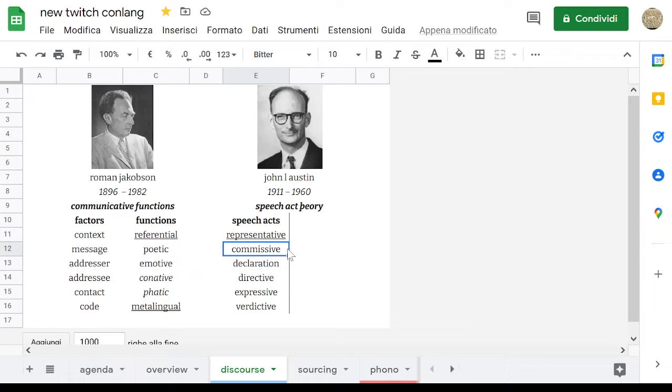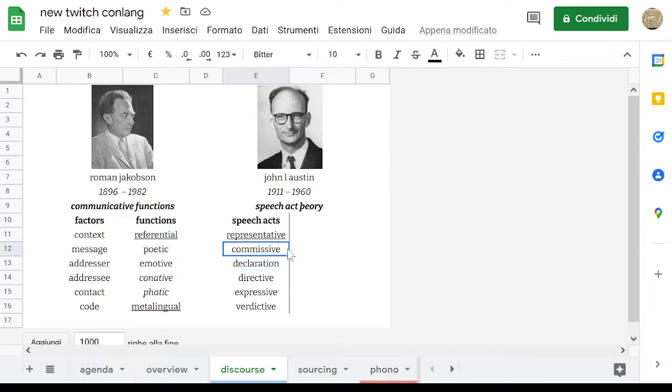The other thing I can think of that might fall into commissive, I think this is something Austin agreed with too, I'm pretty sure about this, is a threat. If you're threatening someone, you are also committing to a future action that you will take if someone does not heed your threat.